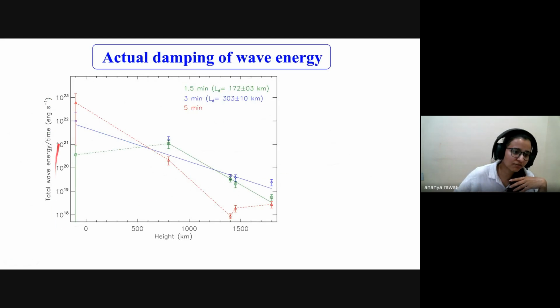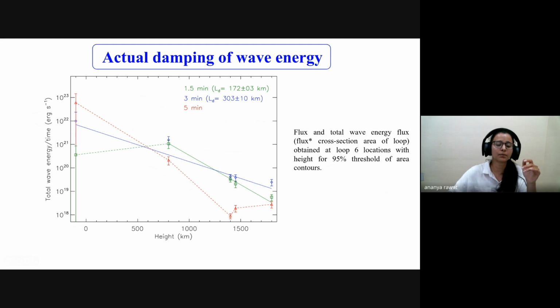So this here is the total wave energy content along the loop. Here we see that the damping length of the 3 minute waves has increased from 208 to 303 kilometer. This increase in damping length means that the waves we were previously seeing were only apparently damped.